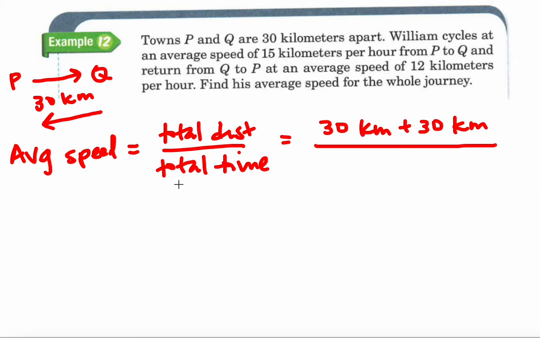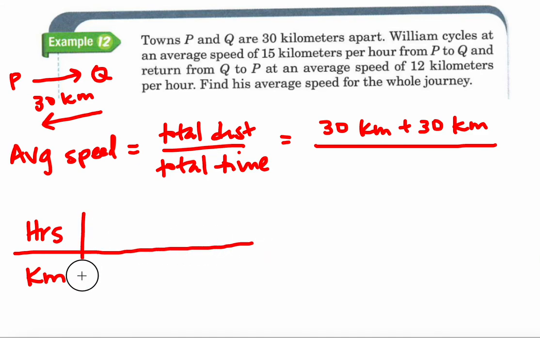Okay, now we got to figure out the time. That distance was pretty easy. William cycles at an average speed of 15 kilometers per hour from P to Q. Okay, so if he's going 15 kilometers, let me do this hours versus kilometers table. It just helps me organize my thoughts.